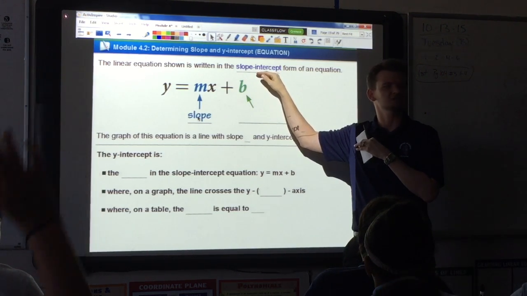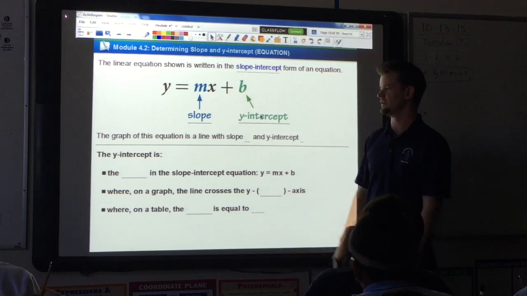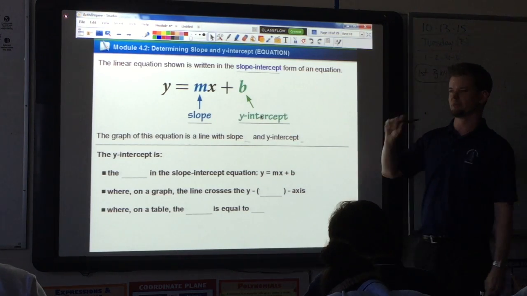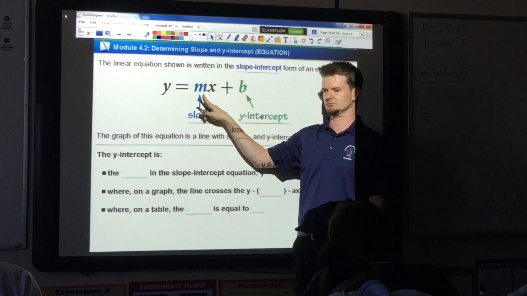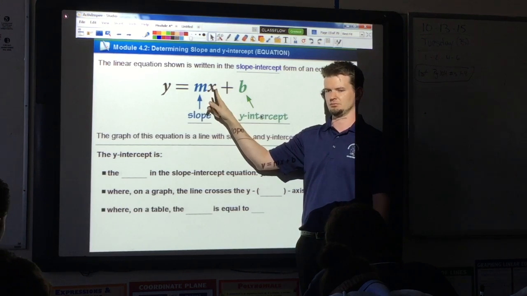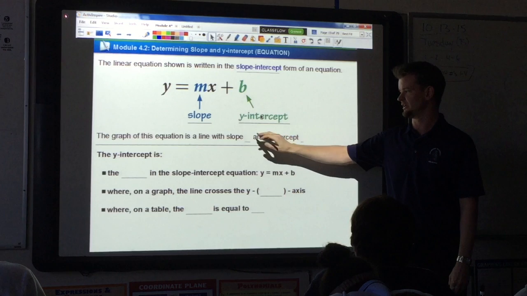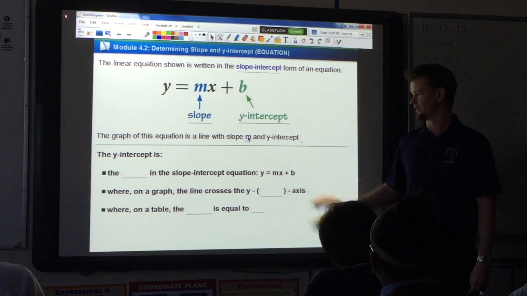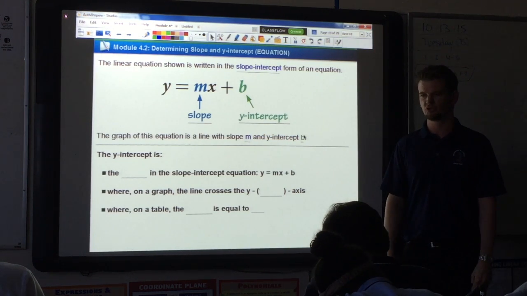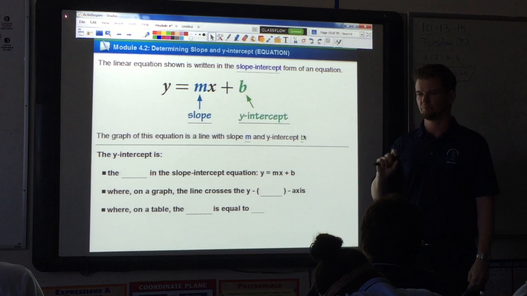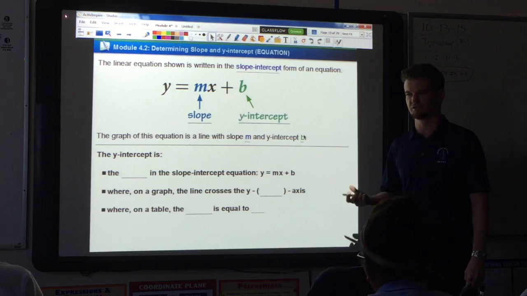It's the y-intercept. So b is your y-intercept. Y equals the slope next to the x variable plus or minus the intercept. Now the graph of this equation is a line with a slope m and a y-intercept b. Just reiterating, make sure that you know that m is the slope, b is the y-intercept.